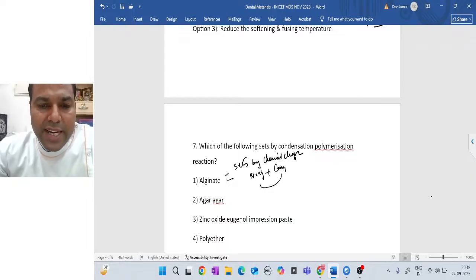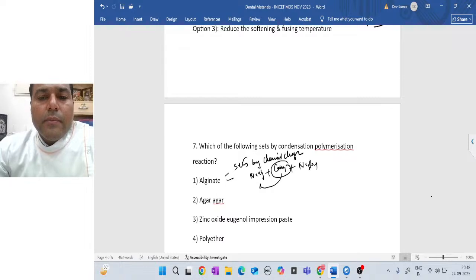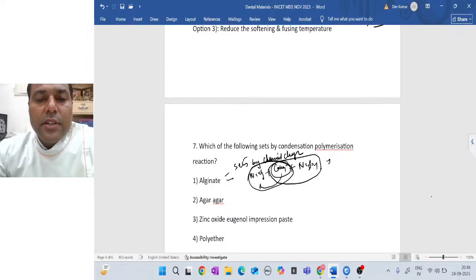Okay, it is not a direct reaction. सबसे पहले कैल्शियम सल्फेट हमारा किससे रिएक्ट कर जाता है? सोडियम फॉस्फेट से, so that it gives time, because it's a very very fast reaction. The reaction between sodium alginate and calcium sulfate is a very very fast reaction. So this acts as a retarder, and first it consumes the sodium phosphate first, and then it comes the reaction, and then we get a sodium alginate. So it's a chemical reaction.